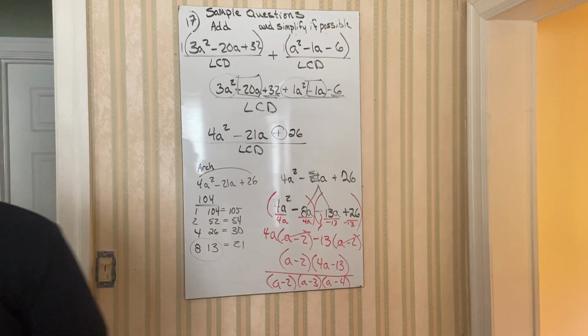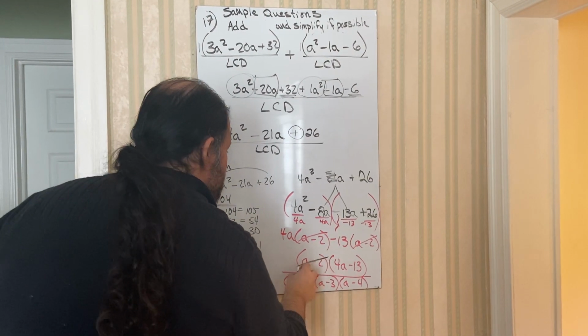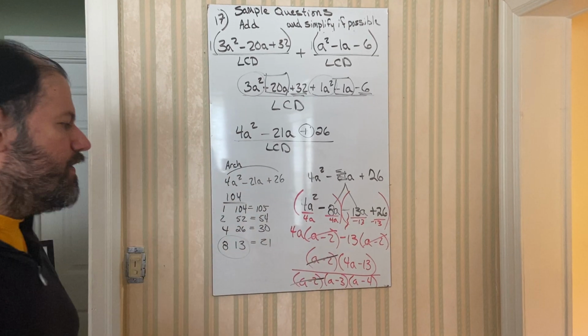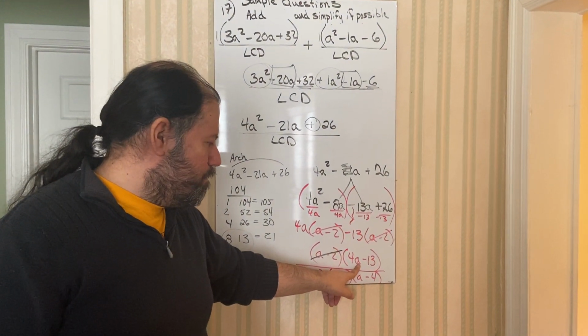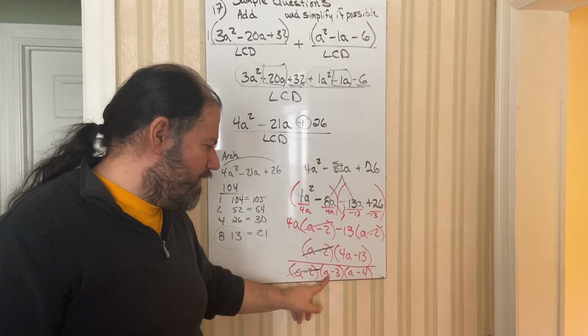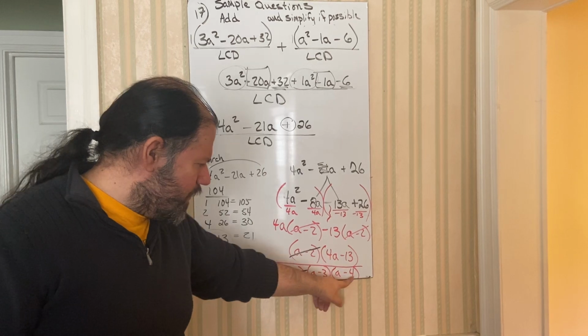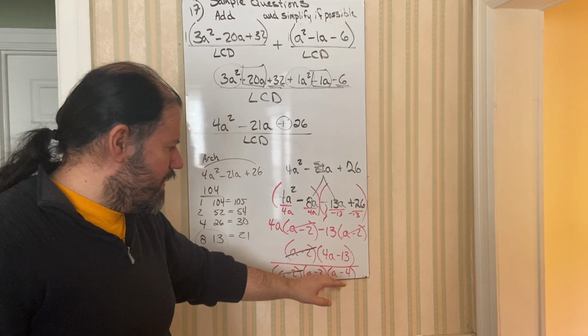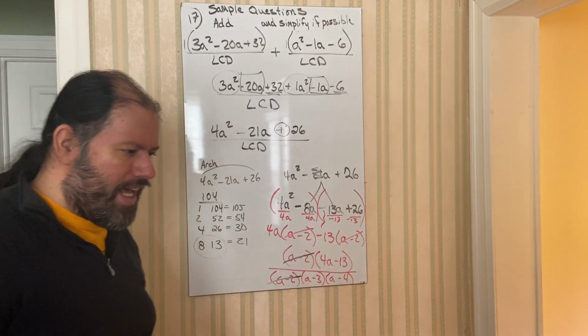So that we can cancel out those matching factors. Notice nothing else matches. You have an A here, but we don't have a 4A minus 13 down here. So I don't want you to say, well, can I cancel out this 4? Was this 4 and this A? Was this A? No. This is a binomial. They're glued together. So I don't have any others that match.